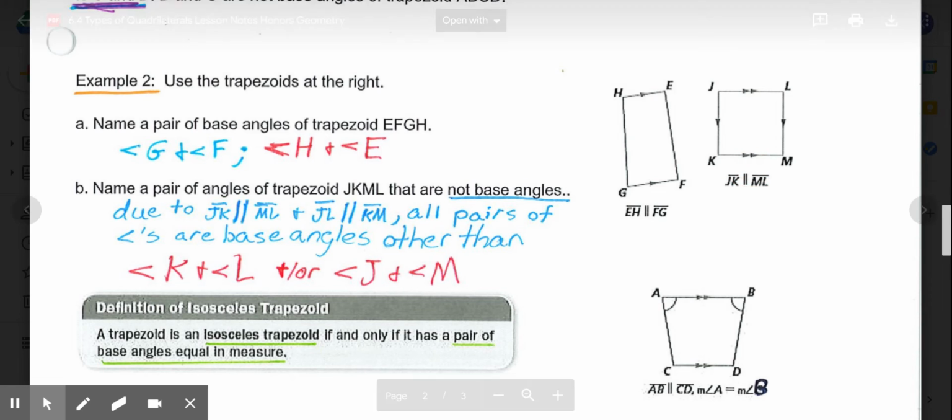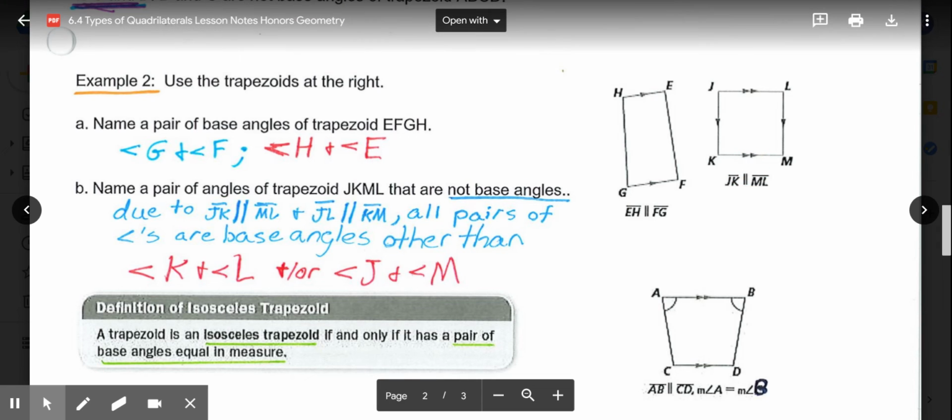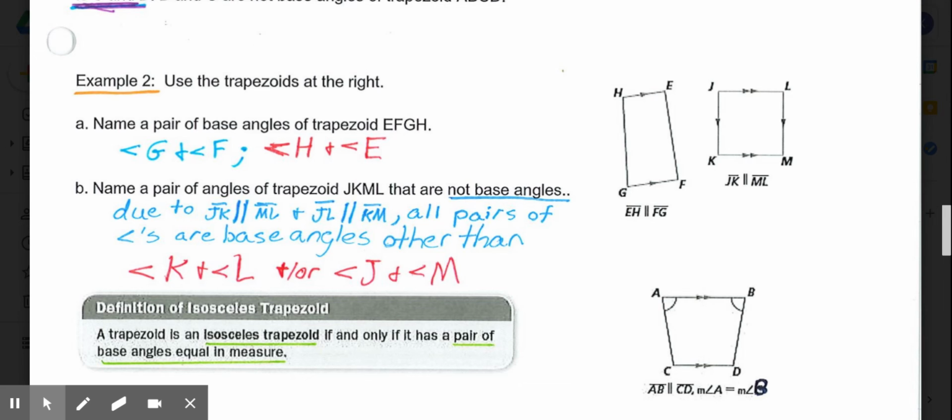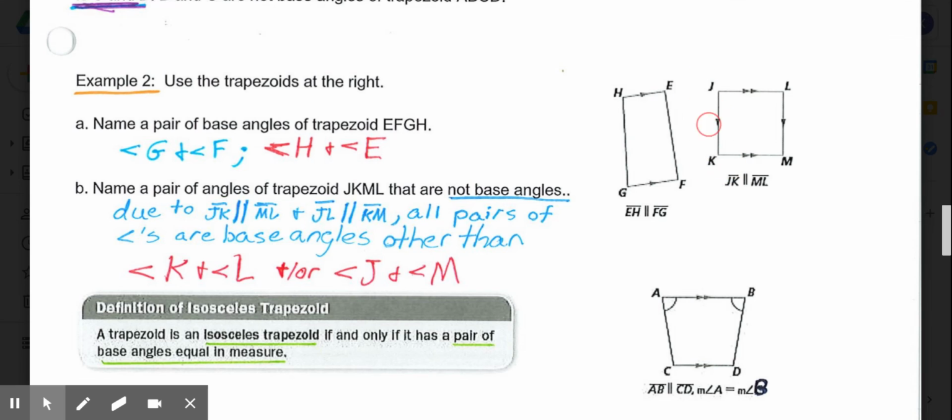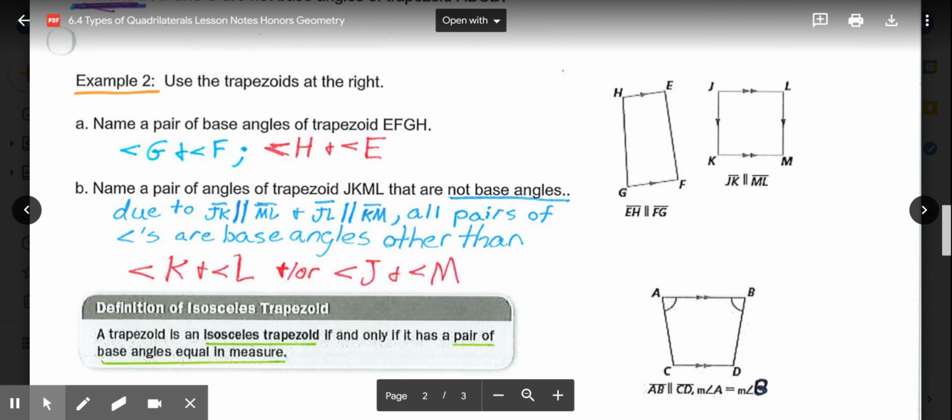So since both pairs of opposite sides are parallel, all the pairs of angles are base angles other than K and L together and M and J together. So our base angles could be JK, JL, LM, and MK.